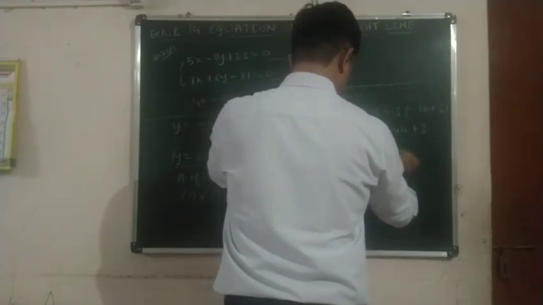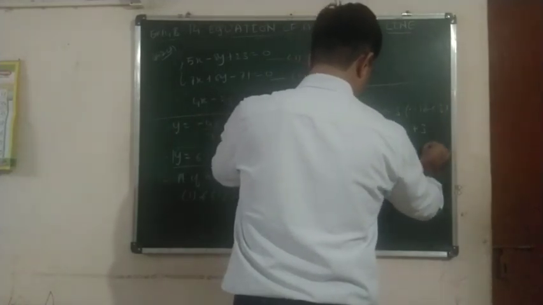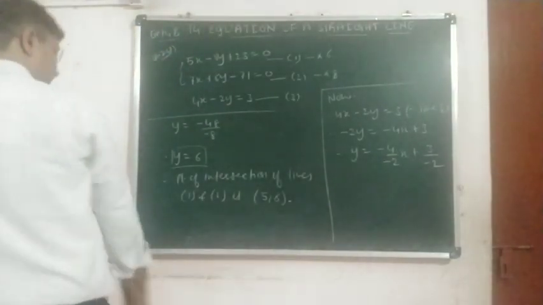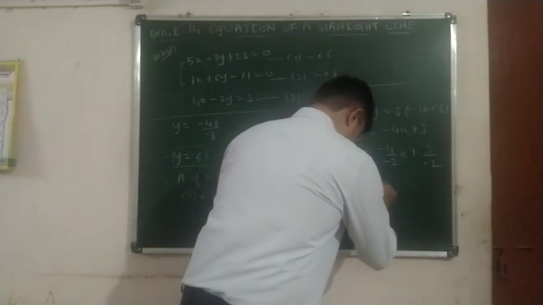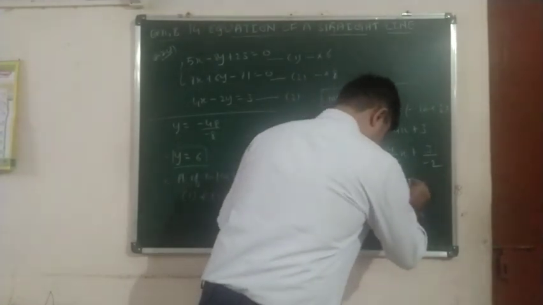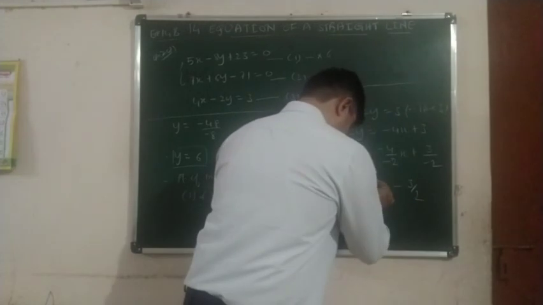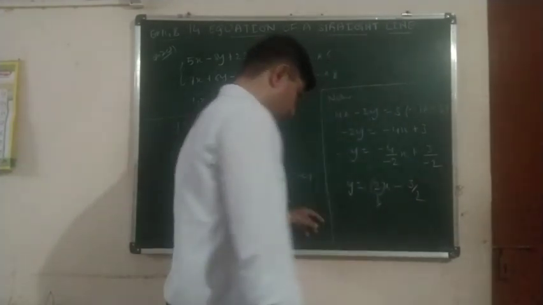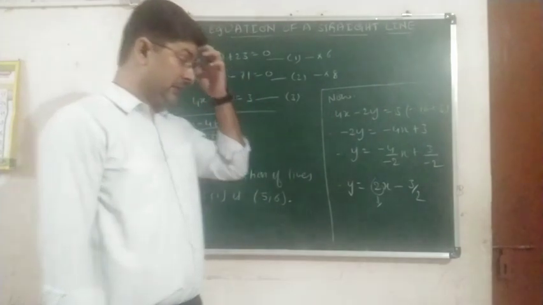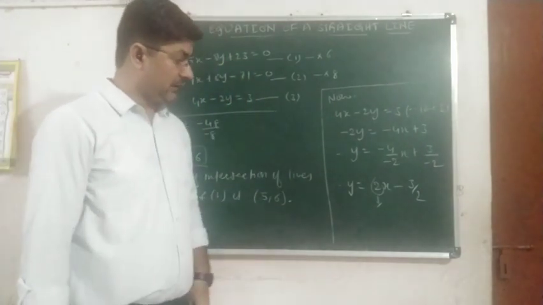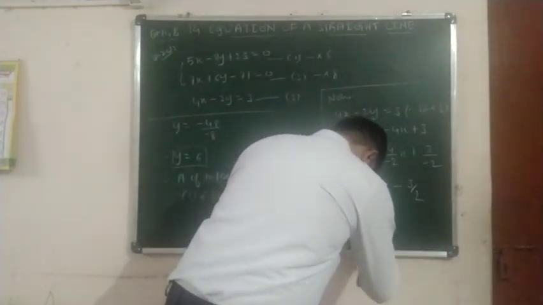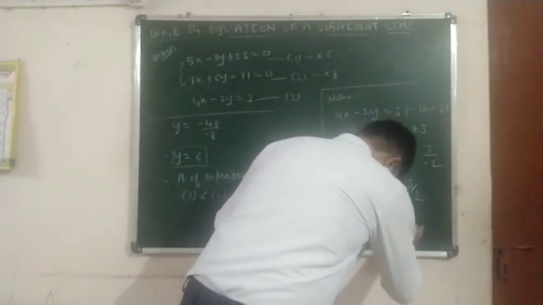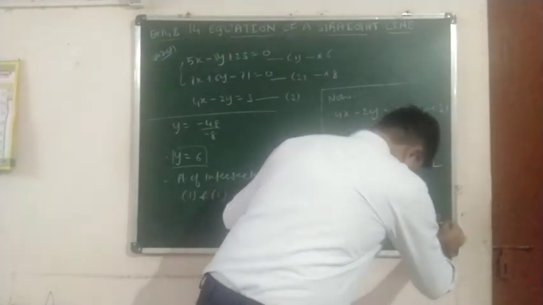Therefore y is equal to minus 4 upon minus 2 x plus 3 upon minus 2. And therefore y equals 2x plus minus 3 upon 2. Okay, and therefore the slope will be the coefficient of x. So the slope of line 3 will be 2.